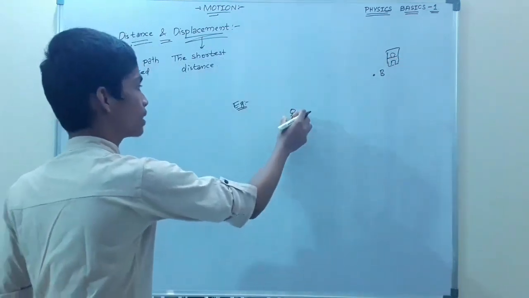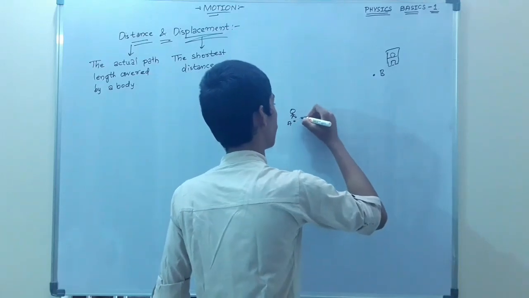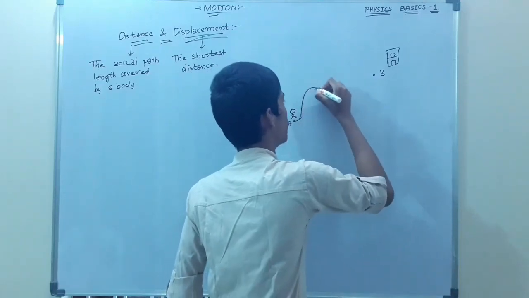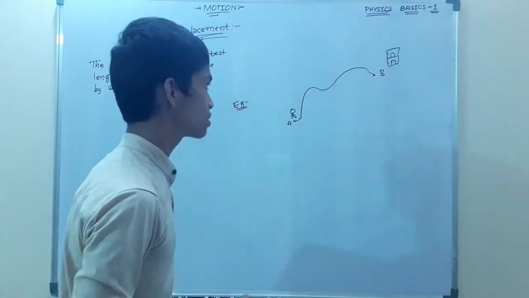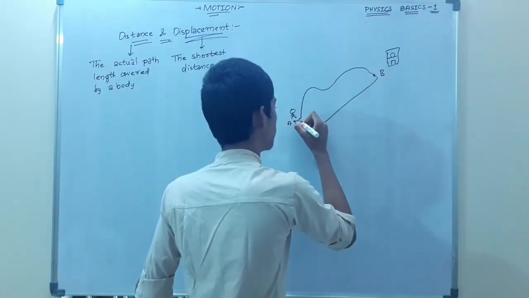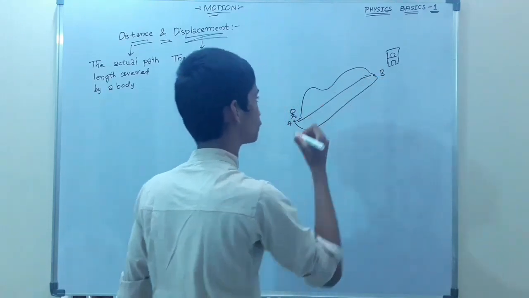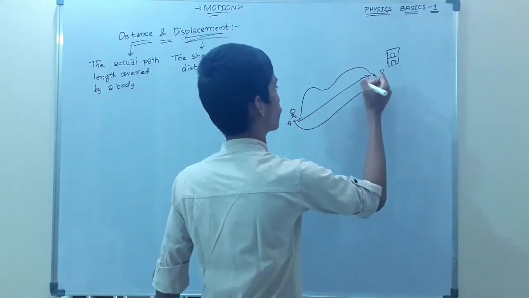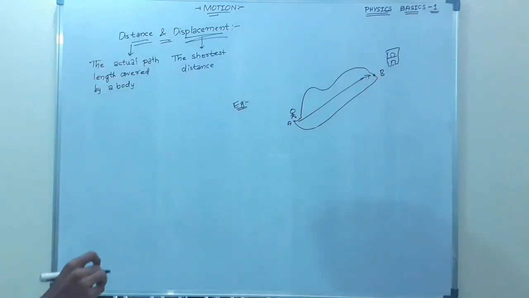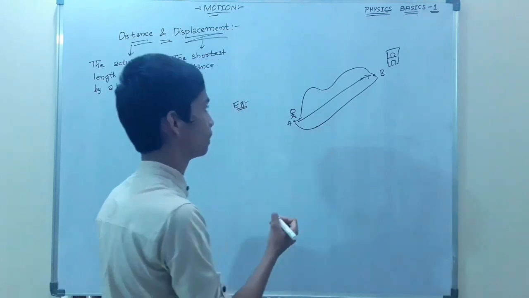Let's assume him as a school going boy, and he can go from point A to B like this, and like this, and another one like this, a straight line. And what is distance and displacement here?